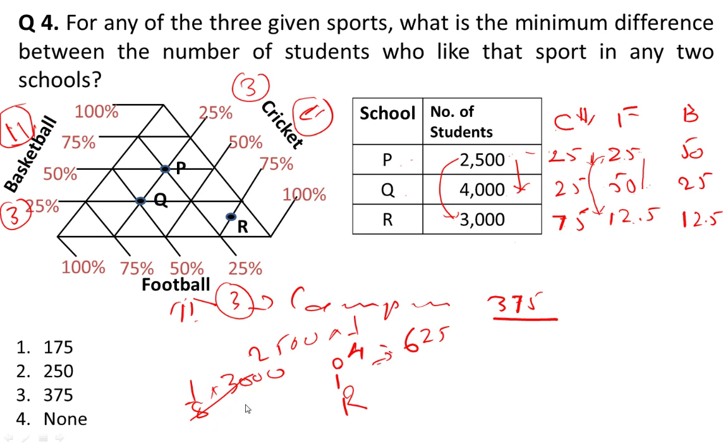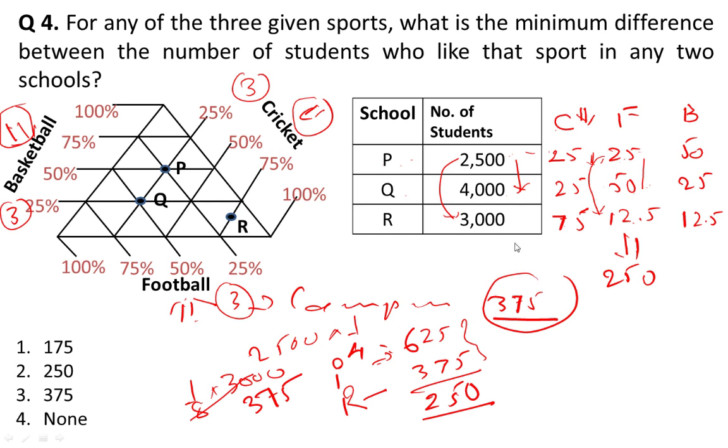That is 375. So what is the difference between these two? 625 minus 375 is 250. So here we have a difference of 250. Obviously this difference is smaller than the difference 375. Remember that the question which we are doing is the minimum difference. So the minimum difference is not 375, you can cancel that.